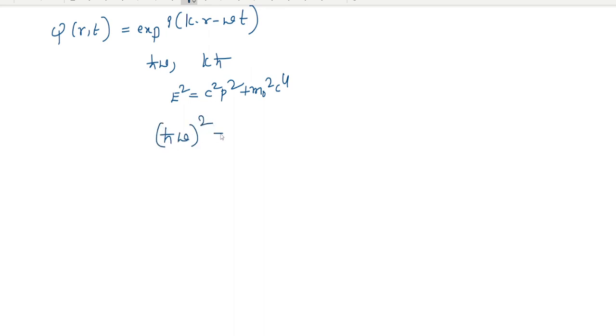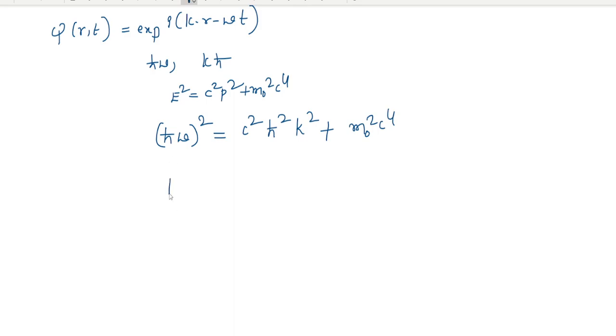Energy value h cross omega squared, and momentum value c square h cross square k square, plus m naught square c power 4.